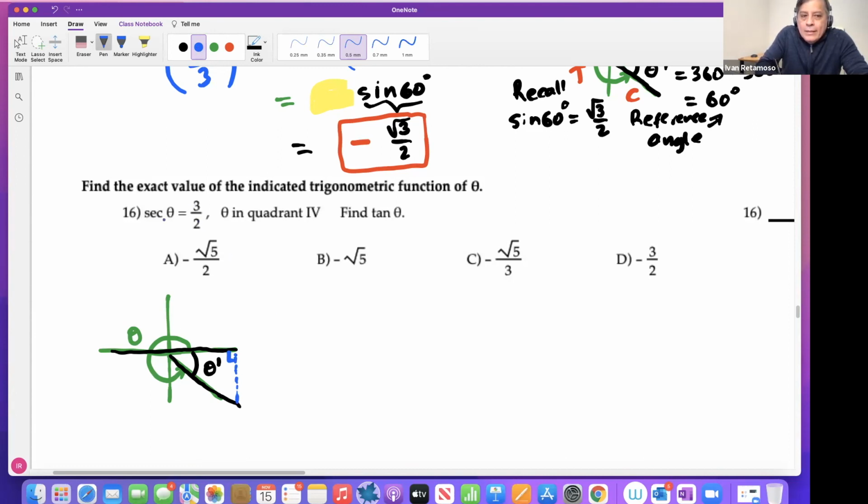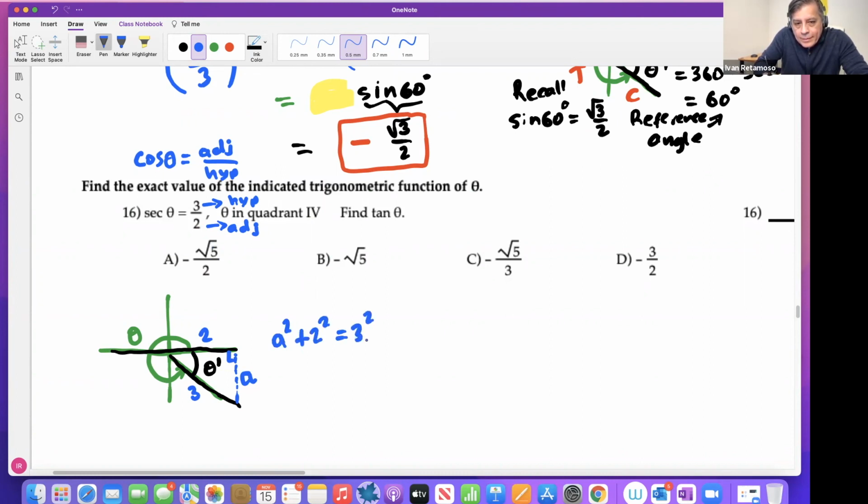Secant is 3 over 2. Remember, secant is the reciprocal of cosine. Cosine is adjacent over hypotenuse, so secant should be hypotenuse over adjacent. So the hypotenuse should be 3 and the adjacent side should be 2 for the reference angle, right? Try to complete this. Call the opposite side A, use the theorem of Pythagoras, find A, and then with A, you can figure out tangent. And together with all students take calculus for the sign, try that, guys.